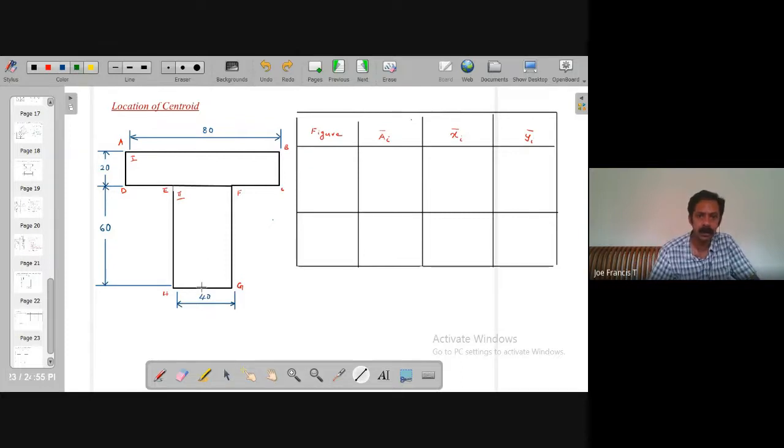I assume an axis like this. So this is my x-axis and this is my y-axis. So assume an axis for locating the centroid.